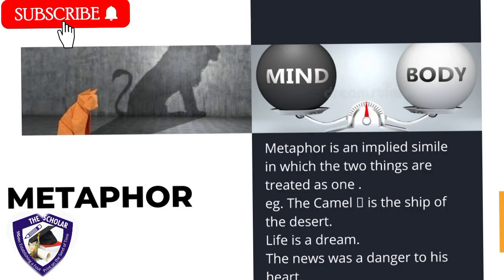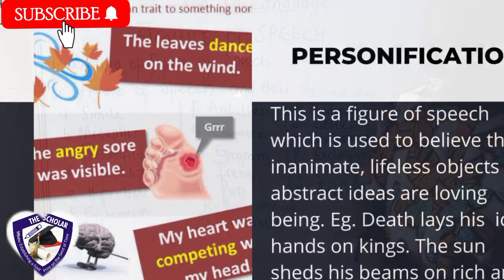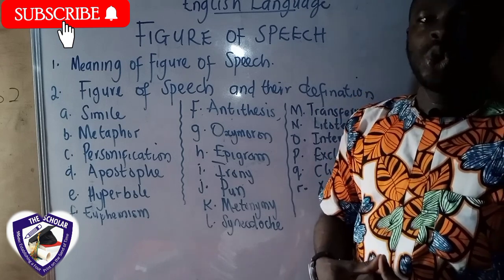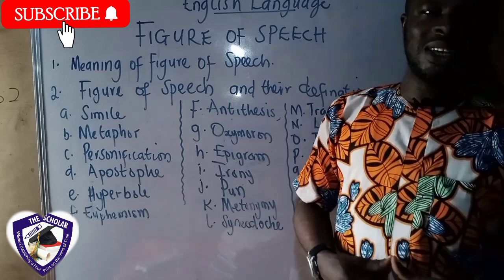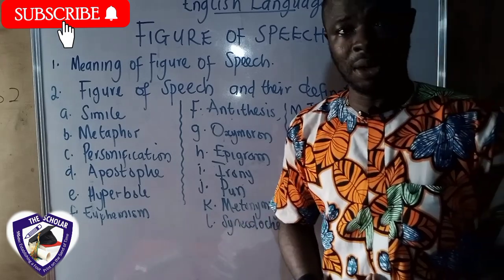Now, if that is also clear, we'll look at personification. Personification is a figure of speech which is used to believe that inanimate, lifeless objects and abstract ideas are living beings. It is used to give an inanimate or an abstract idea a living quality. You can also put it that way.